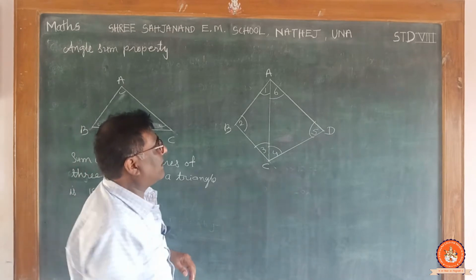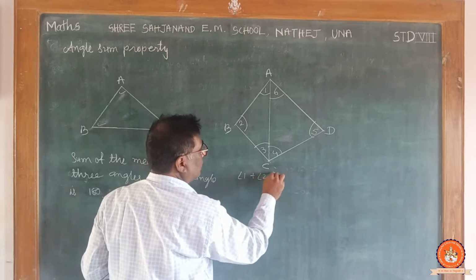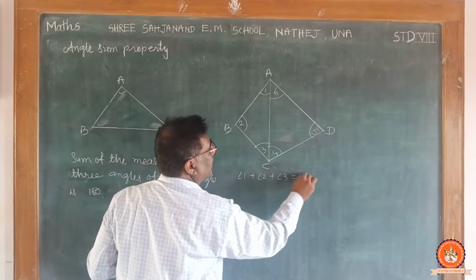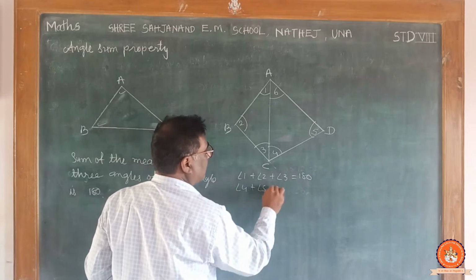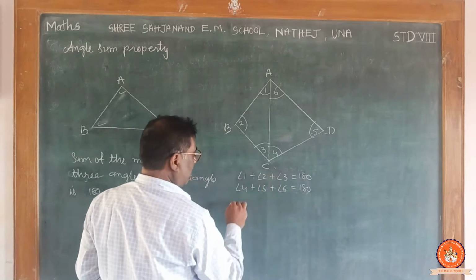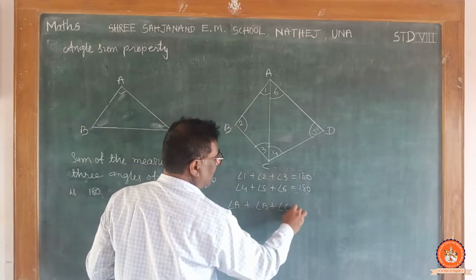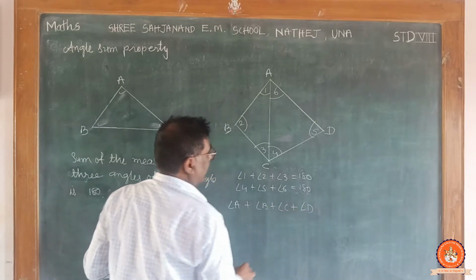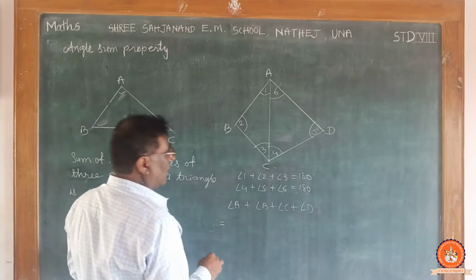Now you can see that 1 plus 2 plus 3 is equal to 180, and 4 plus 5 plus 6 is equal to 180. Now think of A plus B plus C plus D. It's the sum of the measures of all four angles of a quadrilateral. But look at it.